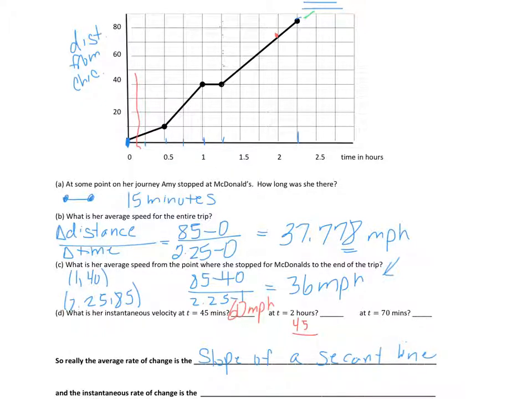You're going from 1.25 to 2.25, correct? So 2.25 minus 1.25, well, that's an easy one. And I would get 45.